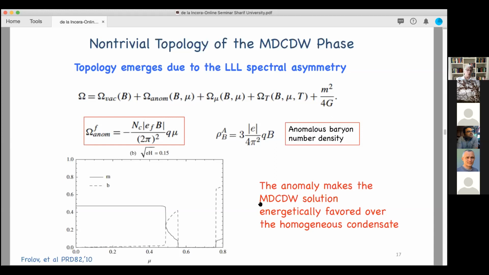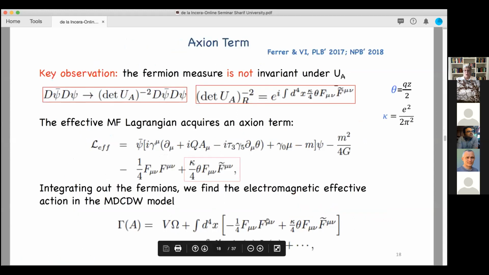You can consider a small electromagnetic field, and in that case that term will appear. Here I'm making expansions in powers of the electromagnetic field, of A mu, and you can consider a perturbation over the magnetic field. That perturbation will give you a contribution to this term.